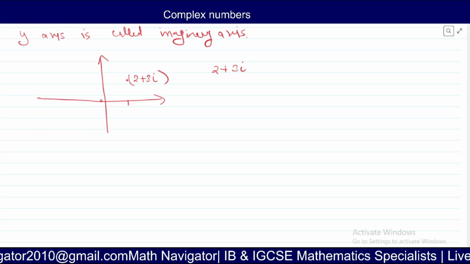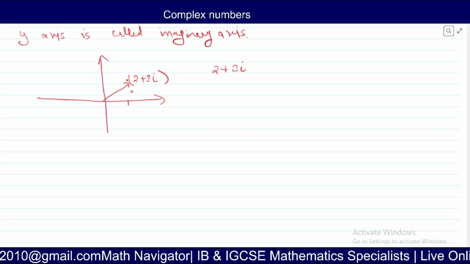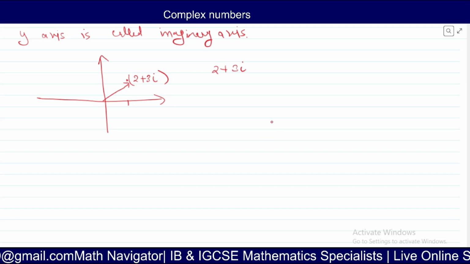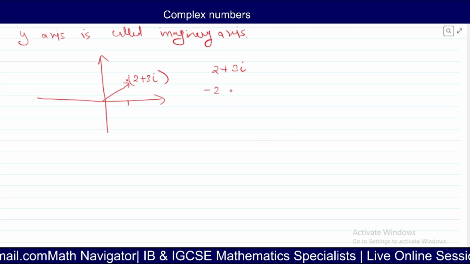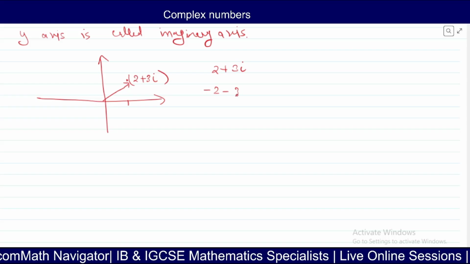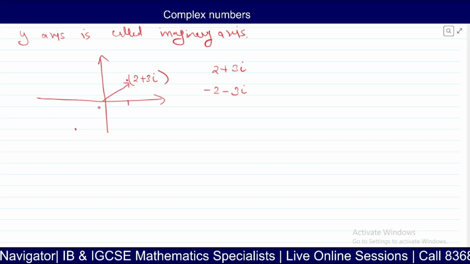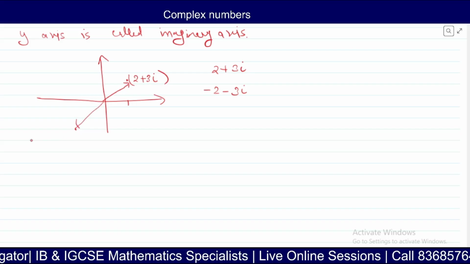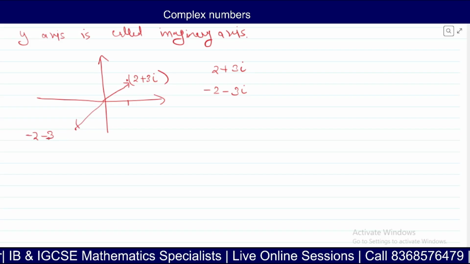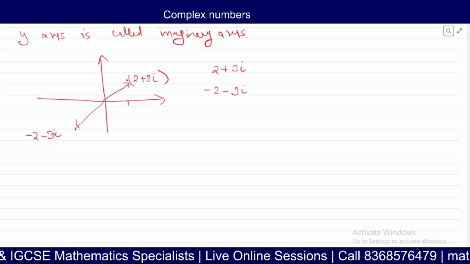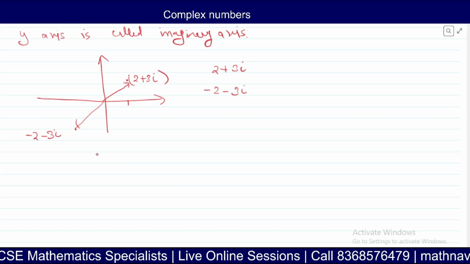This is my complex number 2 plus 3i. If I have minus 2 minus 3i, then how will I represent negative 2, negative 3? So it will be somewhere here. So I hope this is clear to you how to represent a complex number on Argand plane.